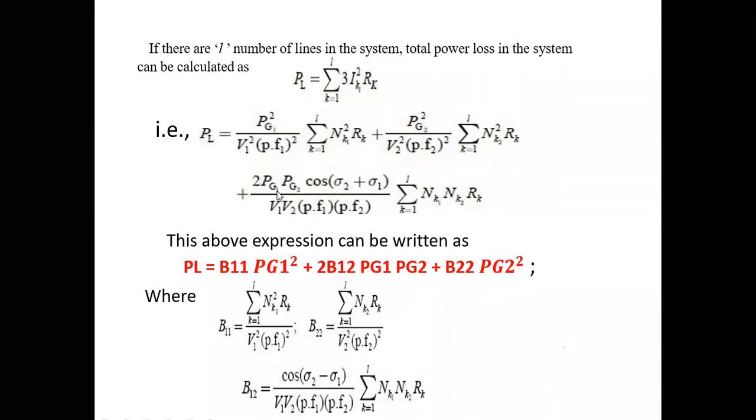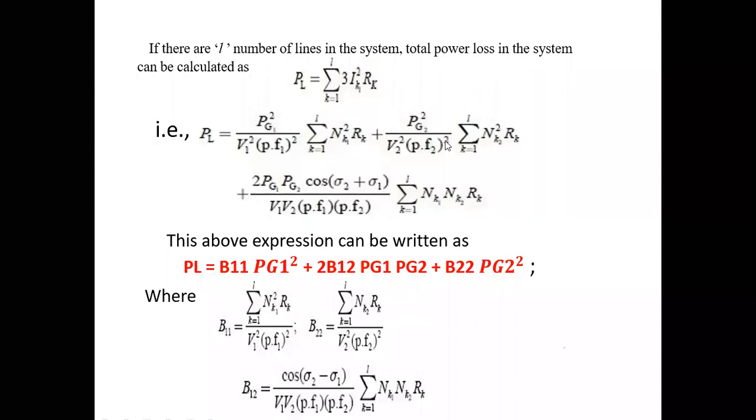Similarly, in the third term, whatever is there other than 2 into Pg1 and Pg2 is represented as B12. So whatever constants we get in PL are represented with loss coefficients. So here, what is the value of B11? B11 is nothing but the term other than Pg1 square.